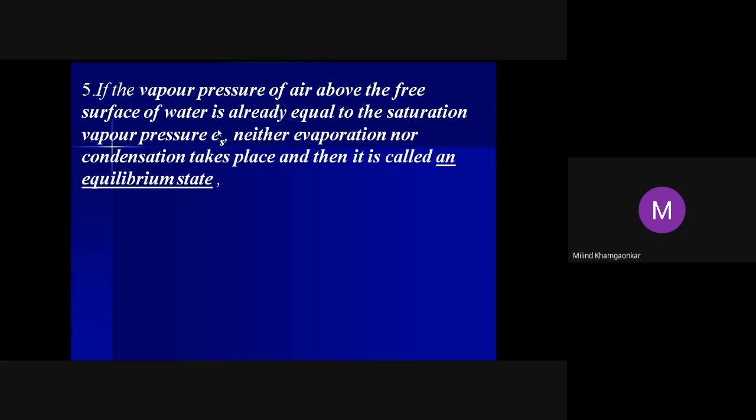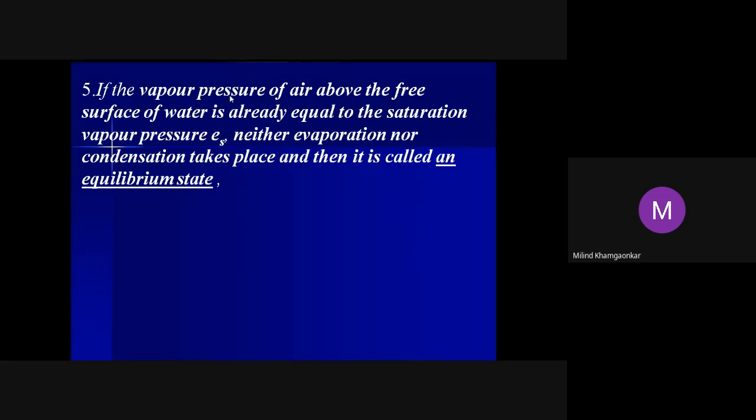It is always greater than the other vapor pressures, that is the vapor pressure at any time lesser than the saturation time. Okay, the normal vapor pressure will always be less than the saturation vapor pressure as long as evaporation takes place. Okay, you are getting what I mean to say.